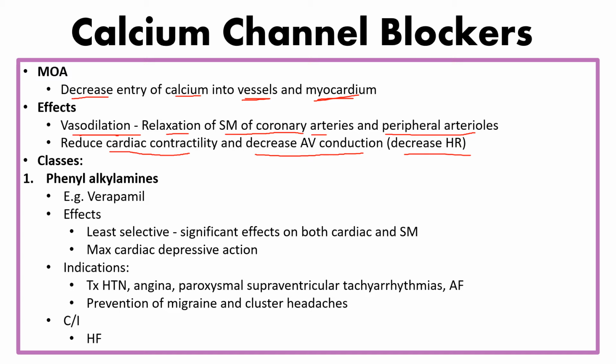Firstly, let's discuss phenylalkylamines. An example is verapamil. Verapamil is the least selective of the 3 classes of calcium channel blockers, which means it has significant effects on both the cardiac tissue and the smooth muscle. So it affects both the heart itself and the vessels.